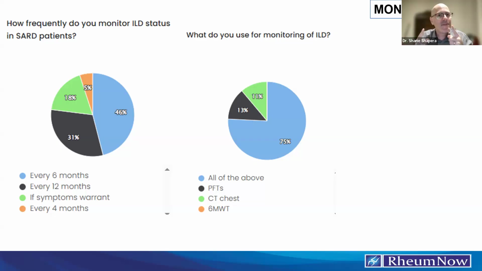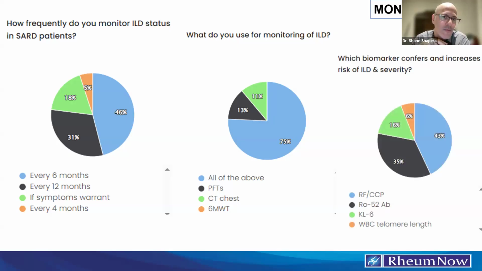So we find that having those two elements, the distance walked and the oxygen saturation monitoring, is helpful. If they walked a shorter distance, but their SATs were higher, they're not limited by their ILD and it's probably their joint disease or deconditioning. But if they walk a shorter distance and their SATs are lower than they were 8 months ago, that really suggests progression of their underlying ILD. So it has value, but I get it. It's expensive and not readily accessible.